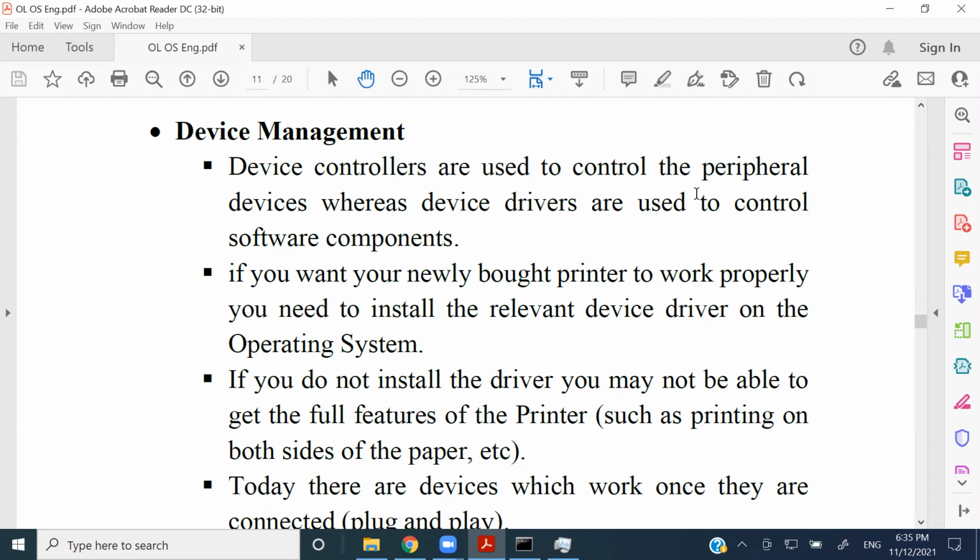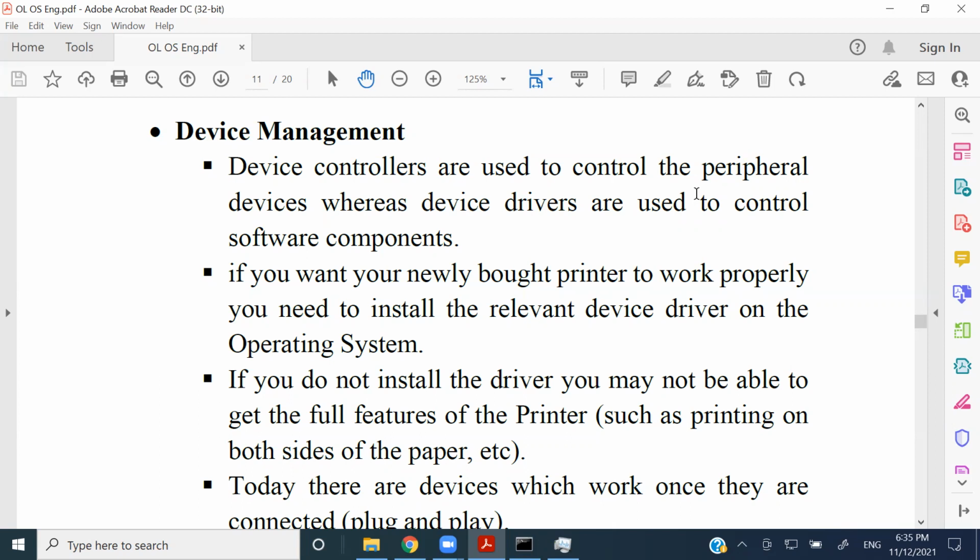So the drivers are the software which explain what kind of capabilities this particular peripheral device is going to have, right? That is why when you are purchasing a device like a printer, they include a particular CD, called the driver CD, with the packaging.